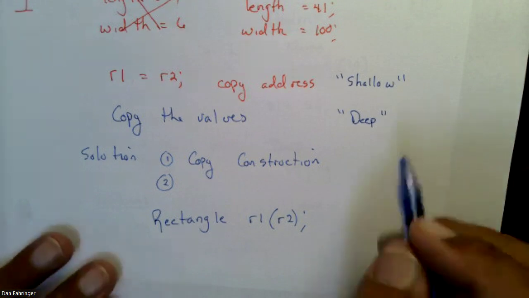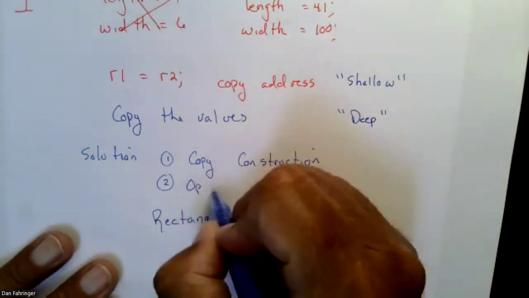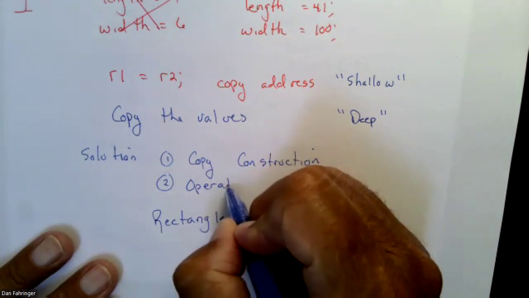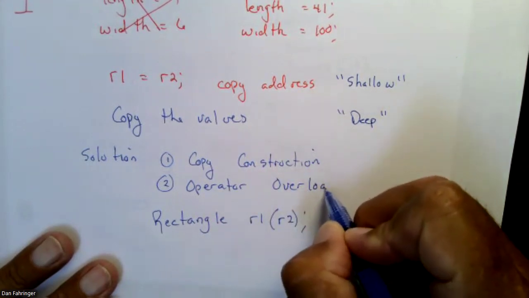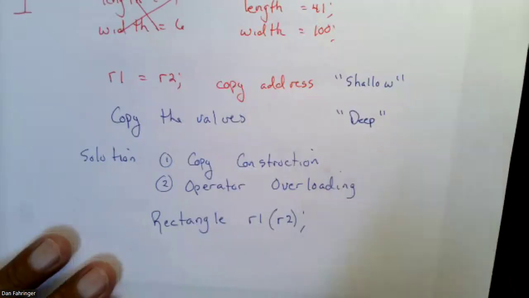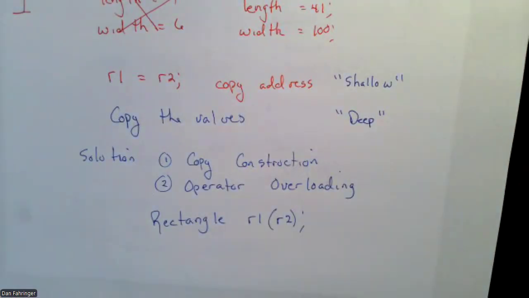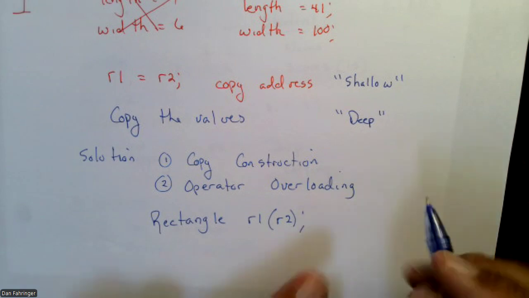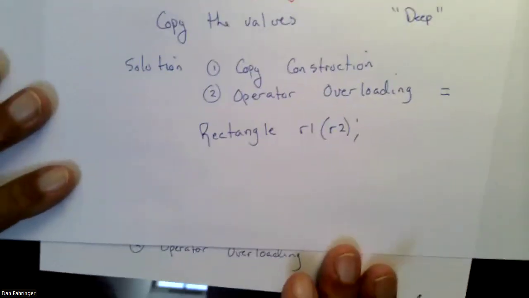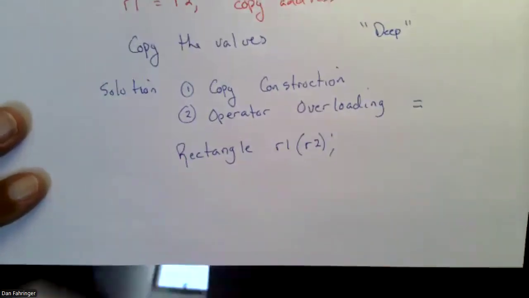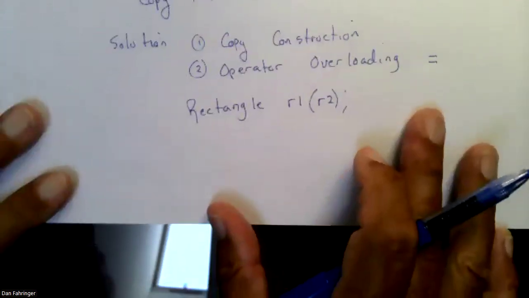Number 2, we're going to learn about something new, and it's called operator overloading. We're going to learn how to overload the assignment operator. Have you seen overloading before? Check this out.